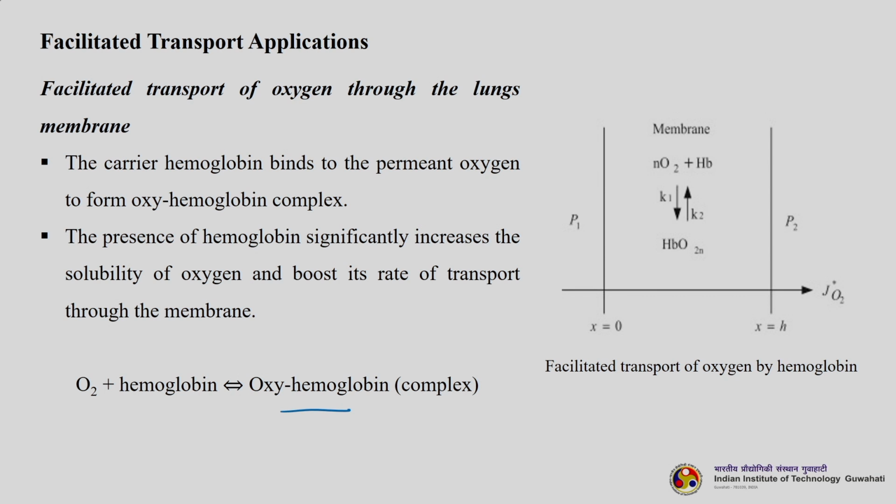So, the presence of hemoglobin significantly increases the solubility of oxygen and boosts its rate of transport through the membrane. Increasing the solubility of oxygen is very important. This is how oxygen gets transported inside the cells.